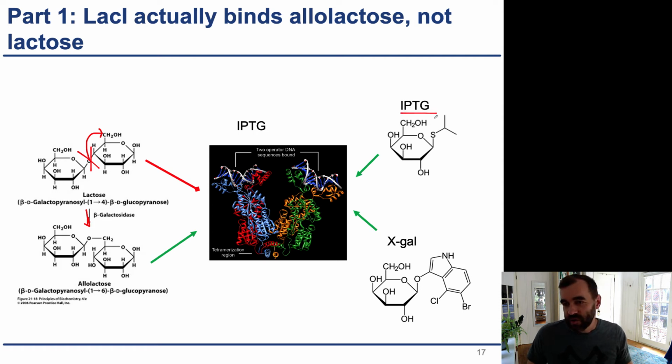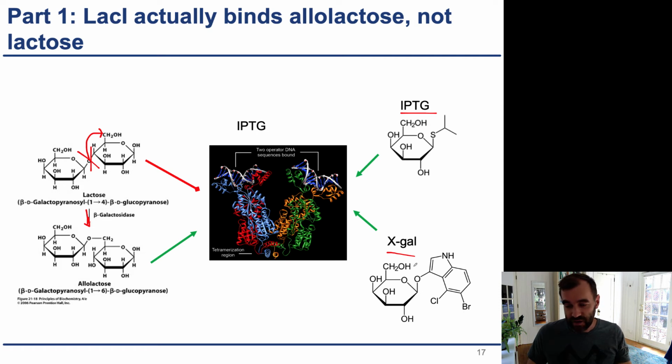There are some other chemicals that are known to be able to bind to the lacI repressor protein, such as IPTG. This is the molecule that Jacob and Monod used for many of their experiments. And then for the blue-white screening, there's another derivative called X-gal. This X-gal is what gives the bacteria color.